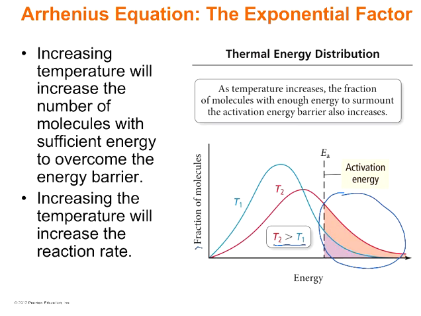On the y-axis here we have fraction of molecules, and you'll notice that the fraction of molecules that made it over the barrier is much greater for T2 versus T1. So increasing that temperature will increase the number of molecules that can become products.